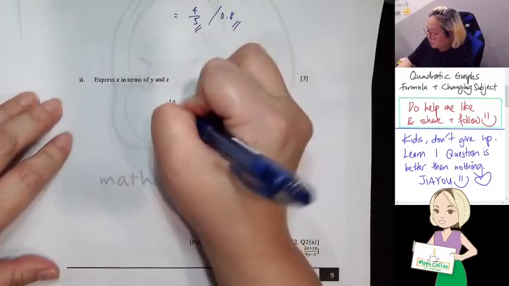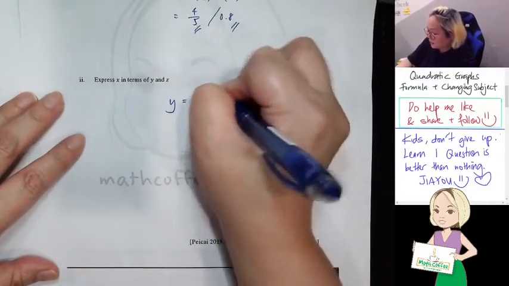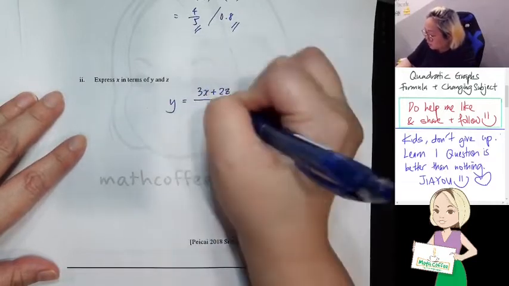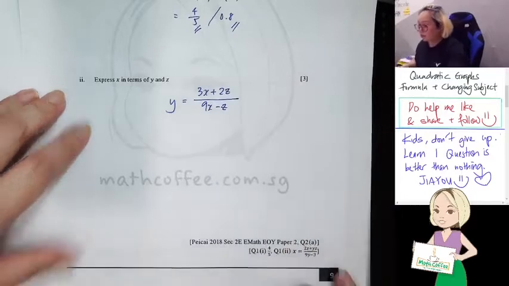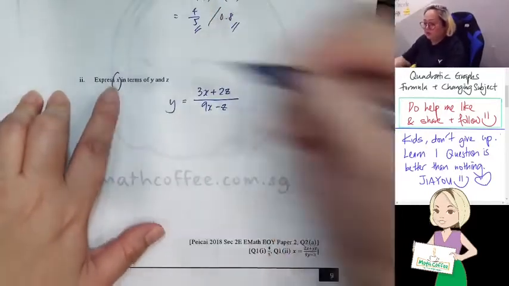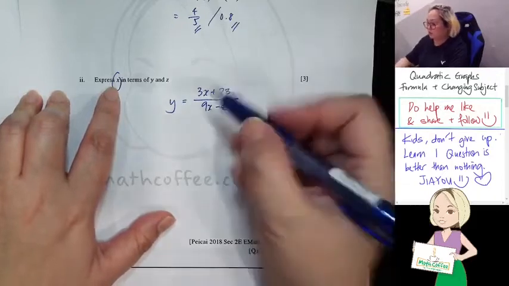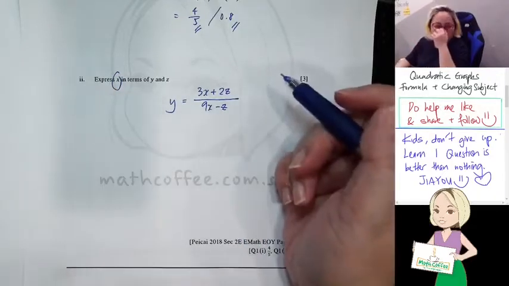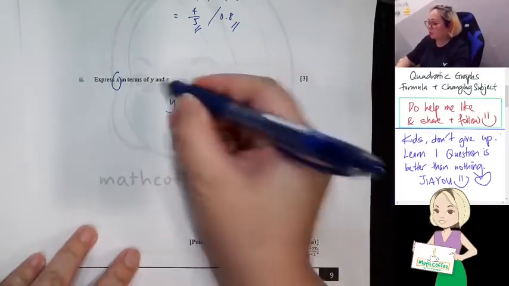So I'm going to write the original equation formula here, which is y is equals to 3x plus 2z over 9x minus z. So I'm going to make x a subject. My task is to make x on the left hand side. Okay, so what should I do? I need to do cross multiply. Make sure that both sides are single fraction. This one, right hand side is single fraction.